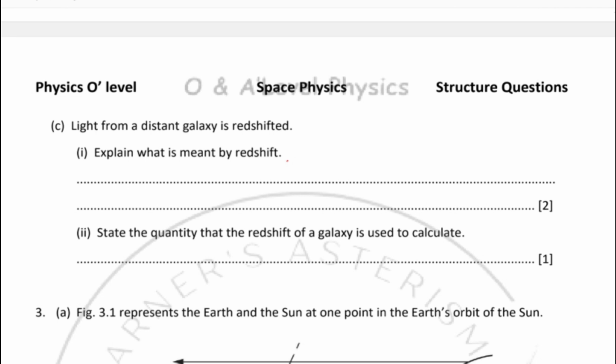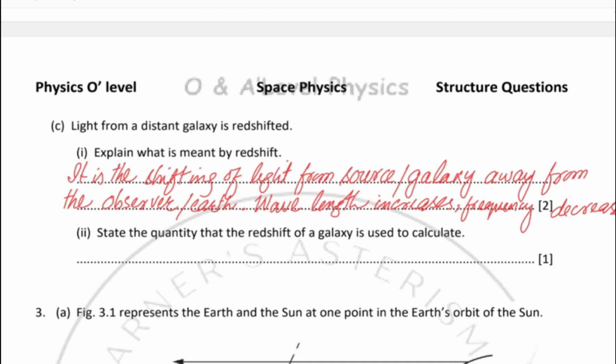As the galaxy or the source of light or object move away from the observer, its wavelength increases, its frequency decreases. So the shifting of the light source or galaxy away from the observer or from Earth is known as redshift.